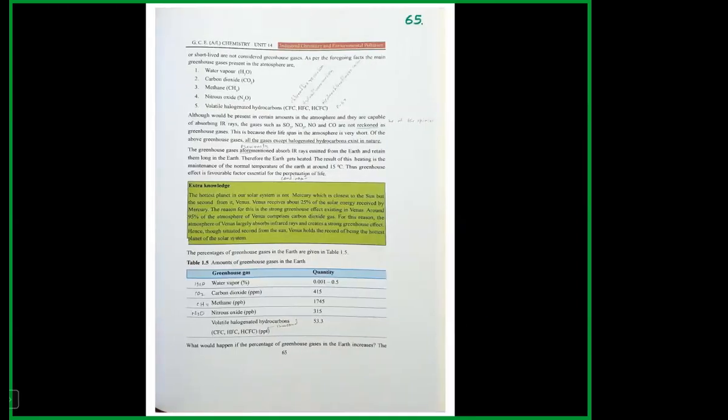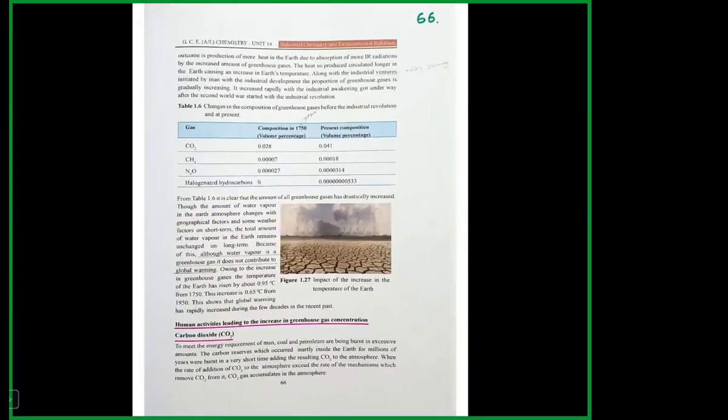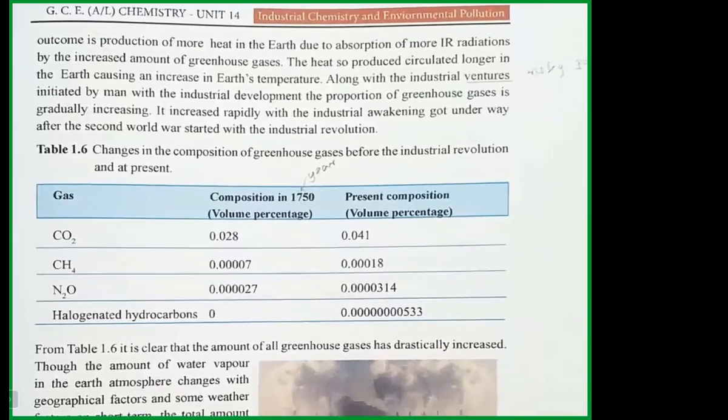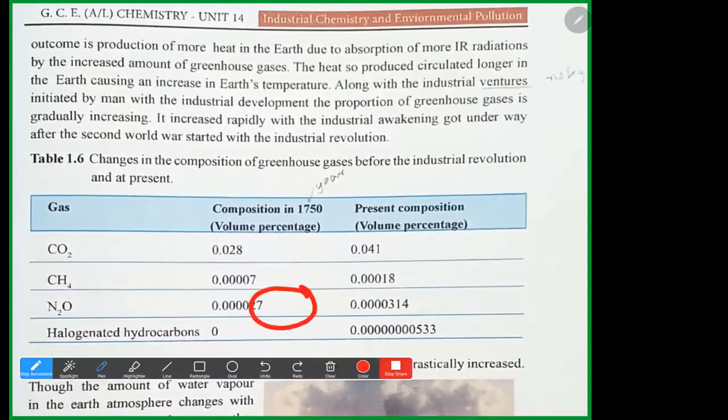What would happen if the percentage of greenhouse gases in the Earth increases? The outcome is the production of more heat in the Earth due to absorption of more IR radiation by the increased amount of greenhouse gases. The heat so produced circulates longer, and there is an increase in Earth's temperature.